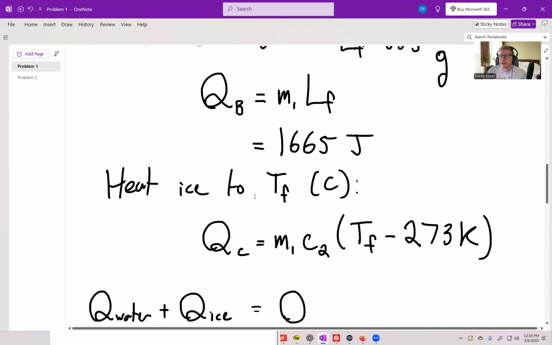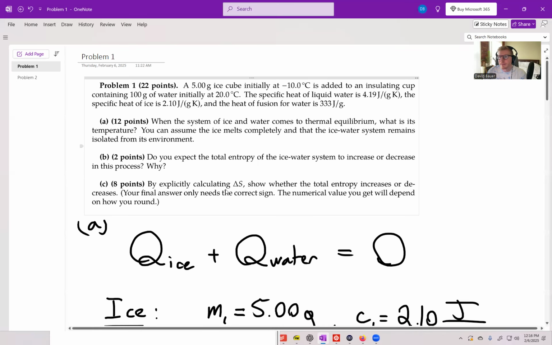So the answer was very, very sensitive to rounding, okay? It shouldn't matter how I round the final temperature for calculating the sign, but the numerical value of delta S will be different depending on the temperature I use. So that's why I only asked you to get the sign here, okay?